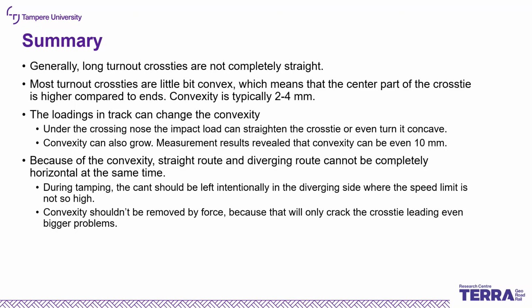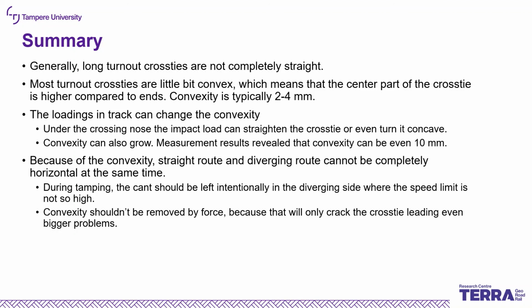And because of the convexity, the straight route and the diverging route cannot be completely horizontal at the same time. You should understand that. During tamping, the cant should be left intentionally on the diverging side, where the speed limit is not so high. But the convexity shouldn't be removed by force, because that will only crack the cross tie, leaving even bigger problems.